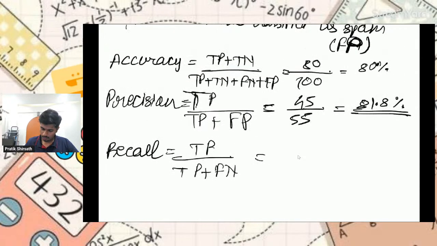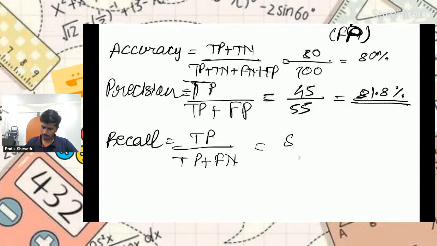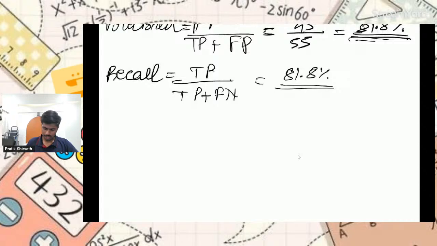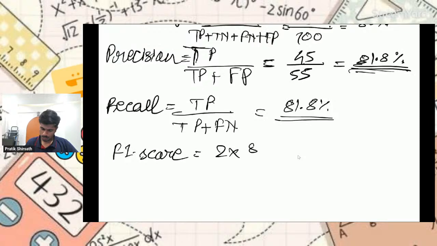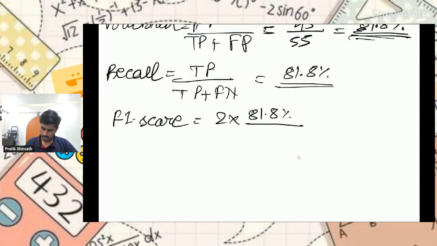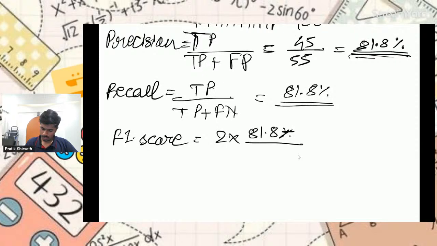So again, if I put these values in, it will be 81.8%. And lastly is the F1 score. F1 score will be 2 into precision 81.8% into recall 81.8%, upon 81.8% plus 81.8%. This will again give 81.8%.